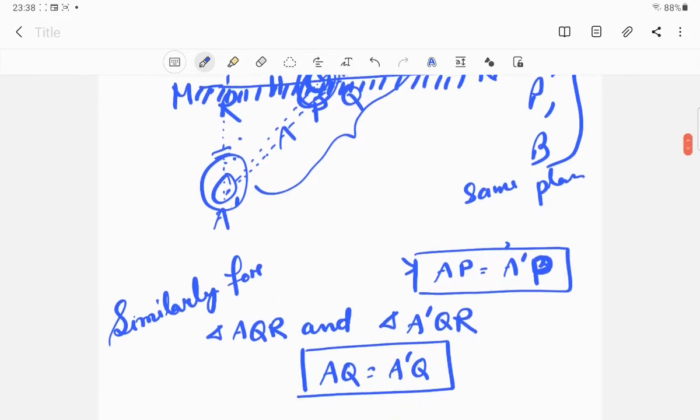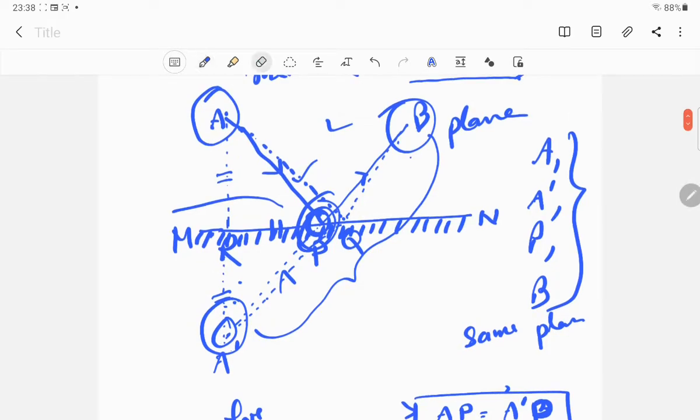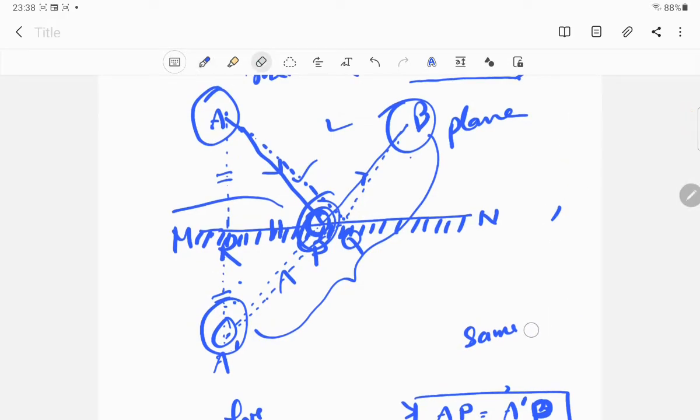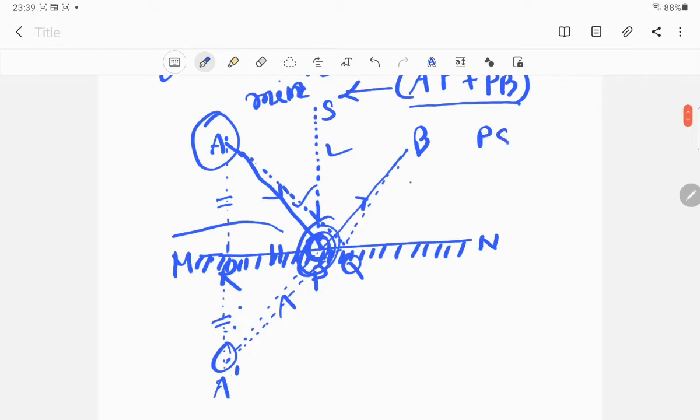So what happens if we draw a normal? Now if I draw a normal at the point P, and I name it PS, then what will happen?